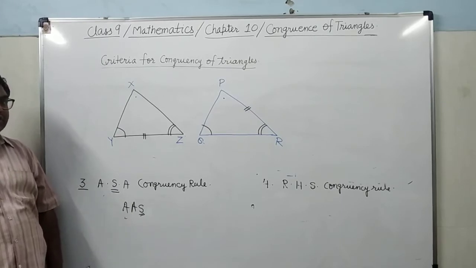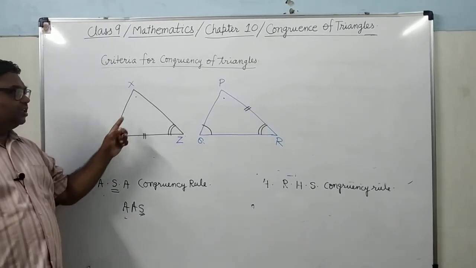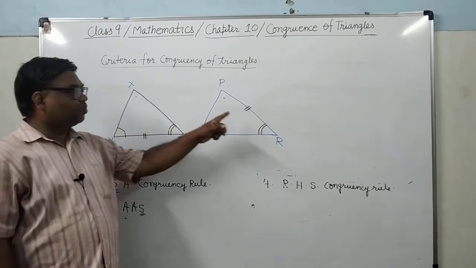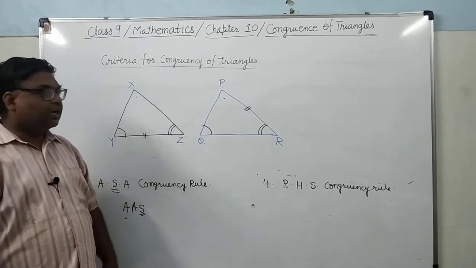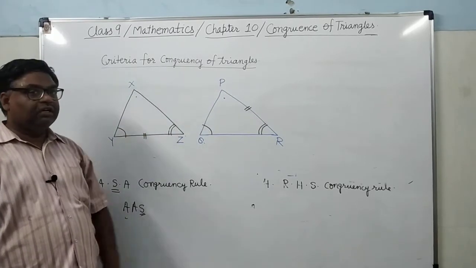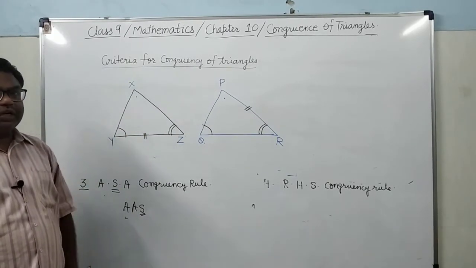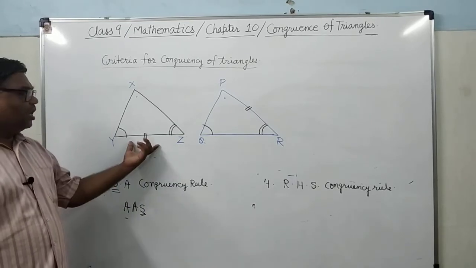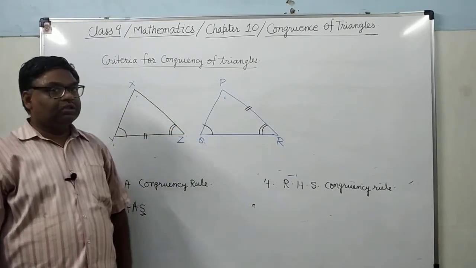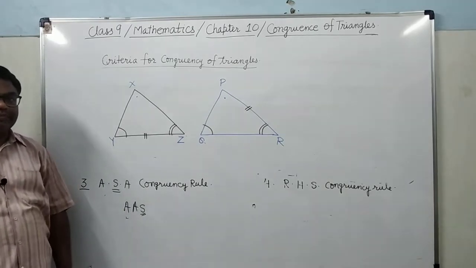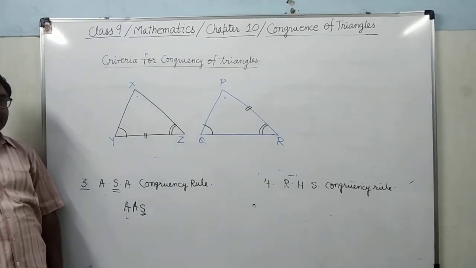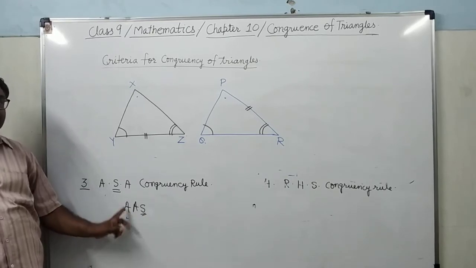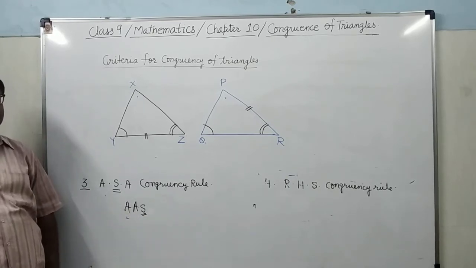This angle is equal to this angle, and the third is equal to the third. If two are given equal, then the third will automatically be equal, and one side is also equal. So you can say that AAS is applying, but it is not correct, because here there is a condition that the side must be touching the same pair of angles.